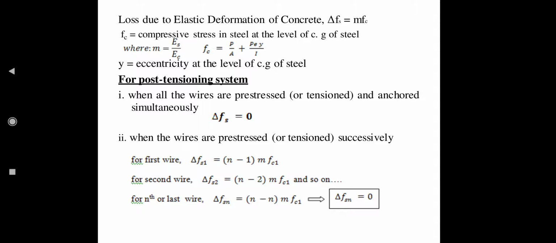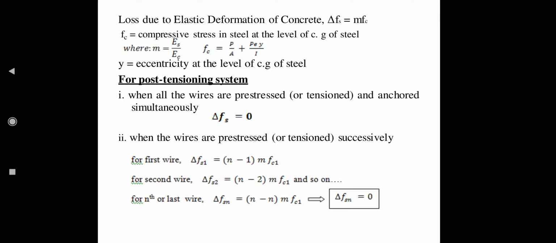So how to calculate the loss of pre-stress due to elastic deformation of concrete, or loss of pre-stress due to shortening of concrete? We have two conditions: one is for post-tensioning members and one is for pre-tensioning members.